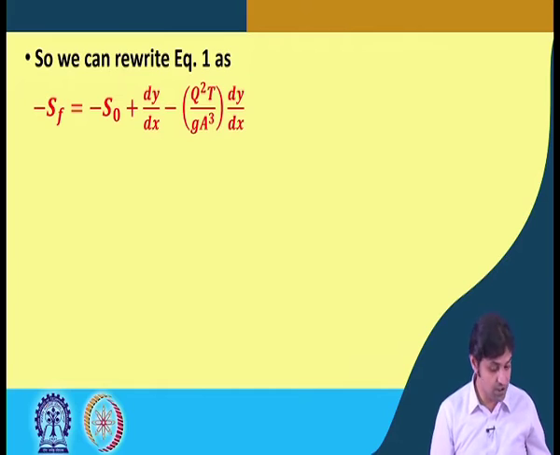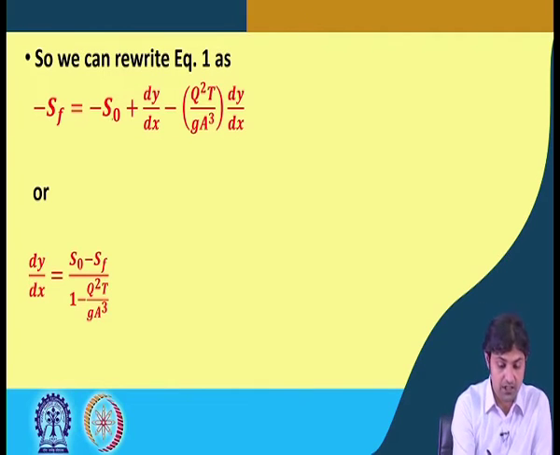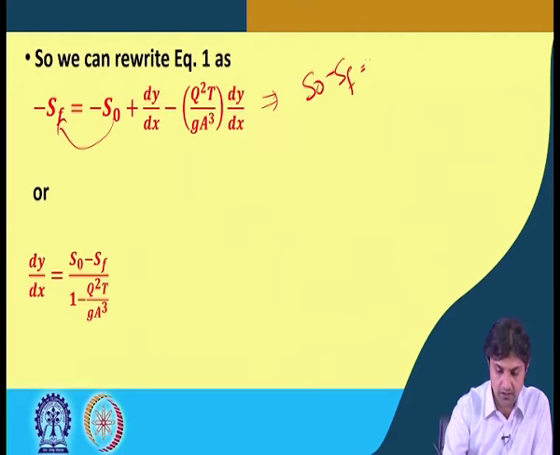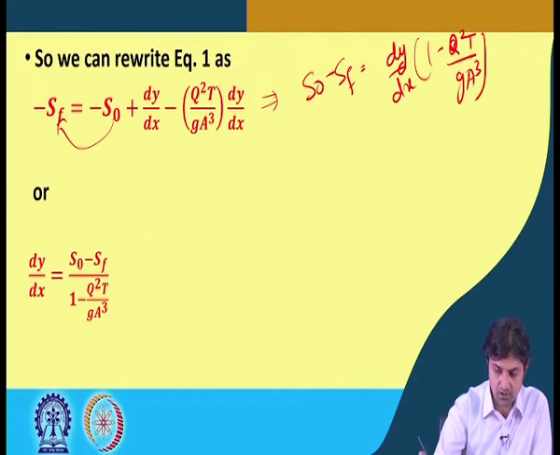So, we rearrange and we take this S naught on this side, and dy by dx we take common. So, let me do it for you here and then you will follow. I am taking S naught this side, so this becomes, and Sf will be the same, is equal to dy by dx common, 1 minus Q square T by g A cube.